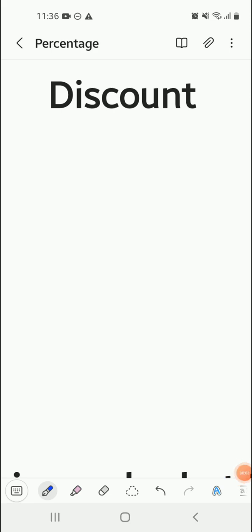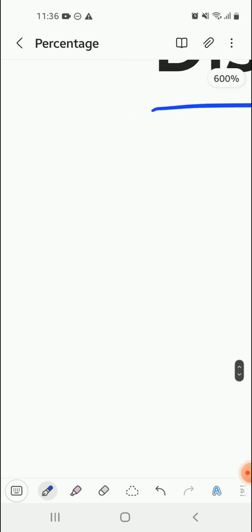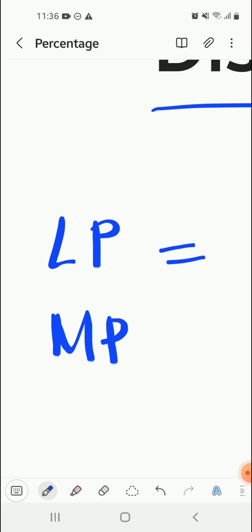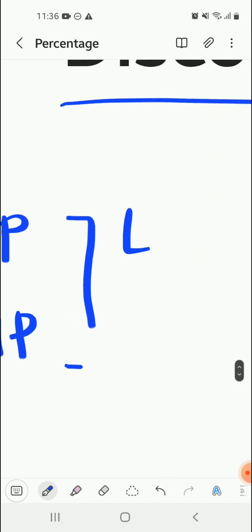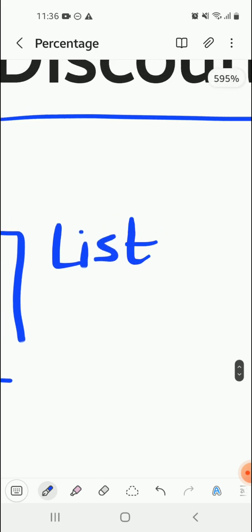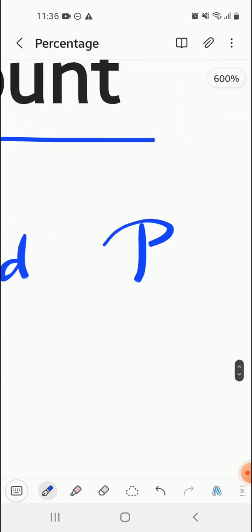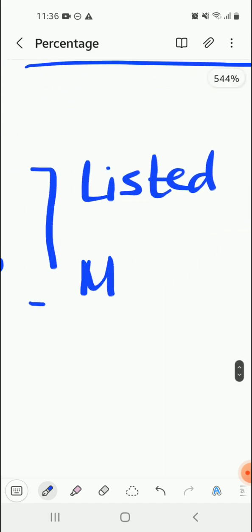Today's topic is discount. Now, what is discount? Before we understand discount, we have to understand what is LP or MP. LP or MP both stand for, L for listed price and M for marked price.